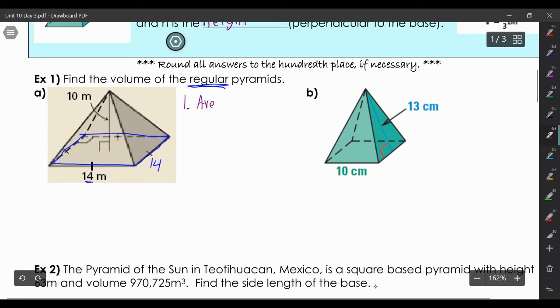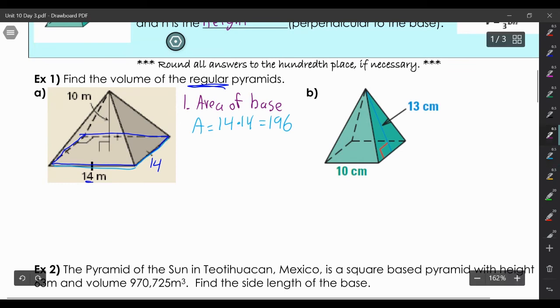Since this is a square, we can just multiply 14 and 14 to get the area. 14 times 14, which is 196.